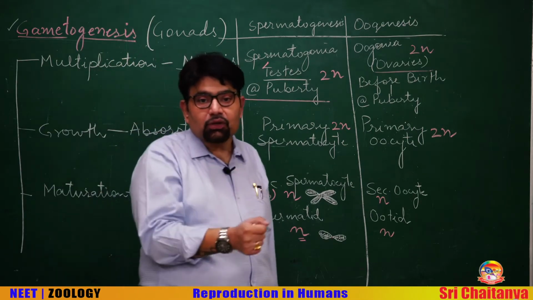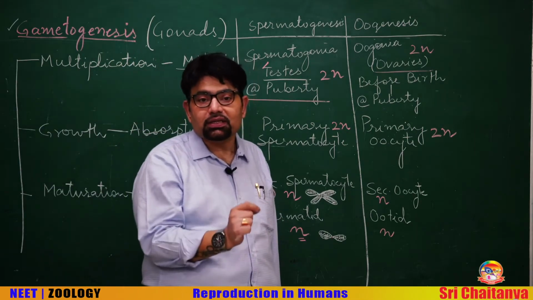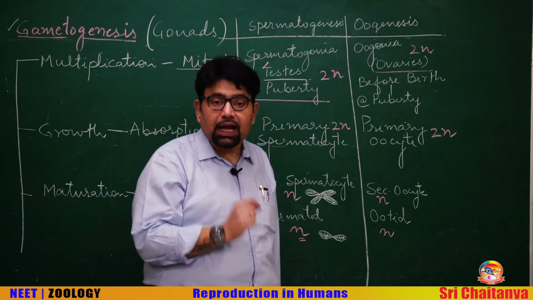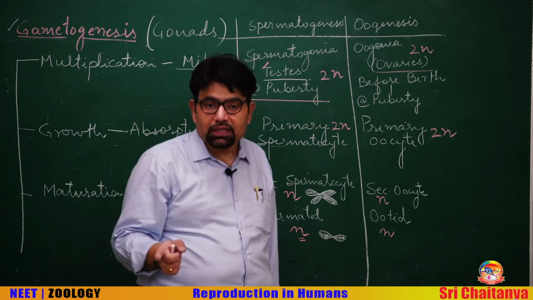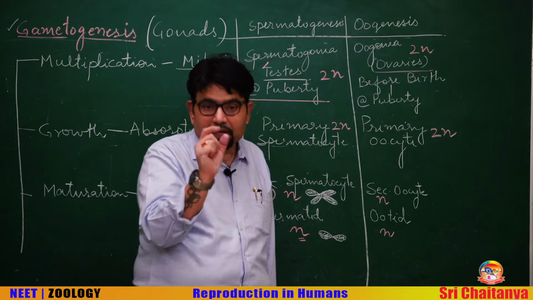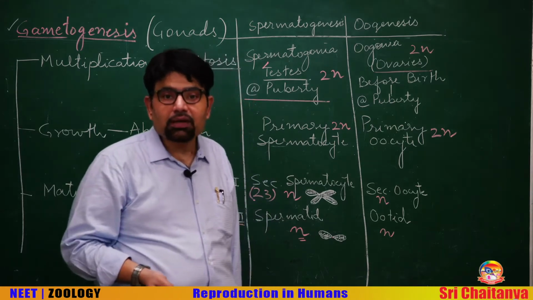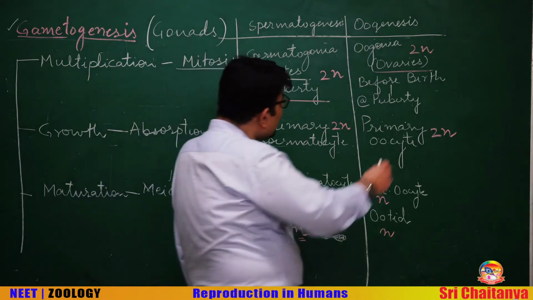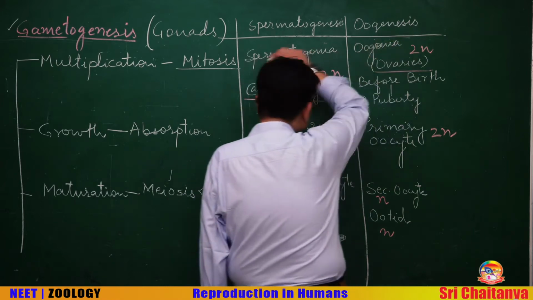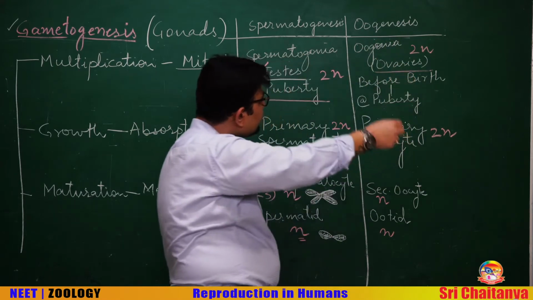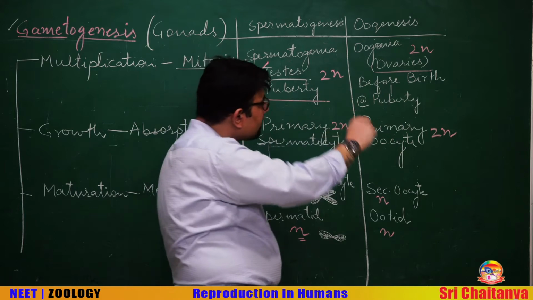When the girl embryo is developing, oogenesis begins, and many million immature oocytes are formed in the embryonic life. So the multiplication phase in oogenesis occurs in the embryonic life.